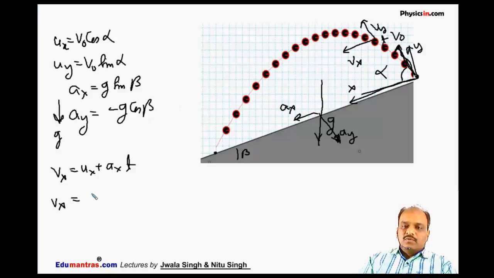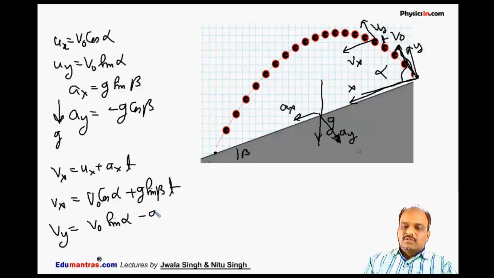So Vx is equal to v0 cos alpha plus g sin beta into t, because the velocity along the x-axis and the acceleration along the x-axis have the same direction. In the same way, Vy is v0 sin alpha minus g cos beta into t.